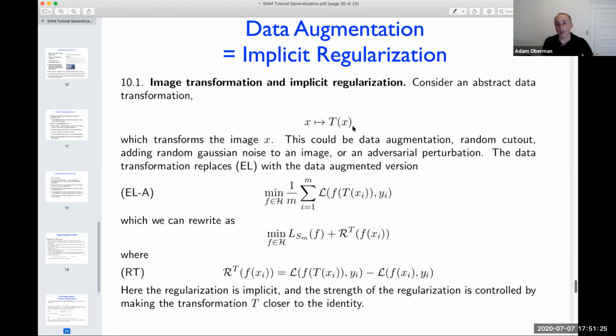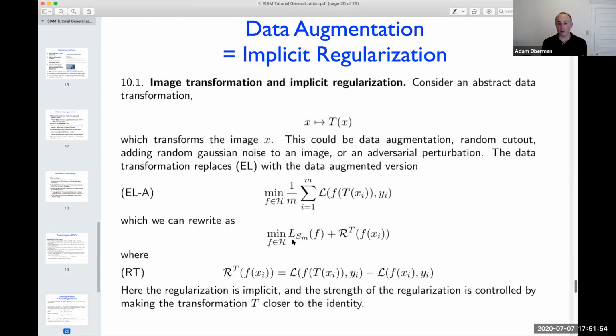Now, if you pretend this global transformation is local, sometimes it is, then you can do a finite difference and see that your new loss has two terms: the original loss on x and the difference between f of T of x and f of x. So it's an implicit regularization. That term, if it has the effect of regularization, does something. You can think of it as a regularization term.